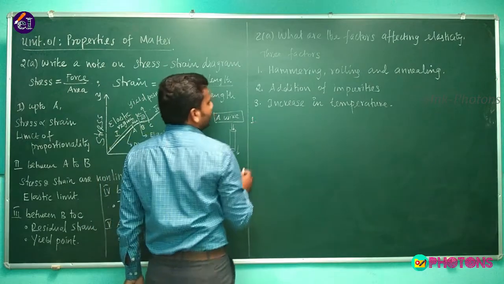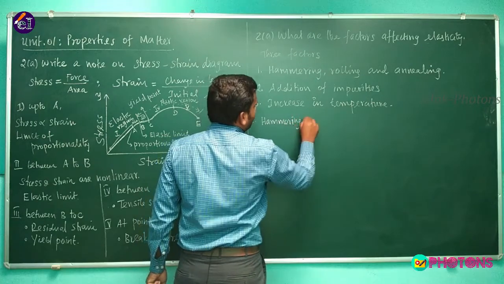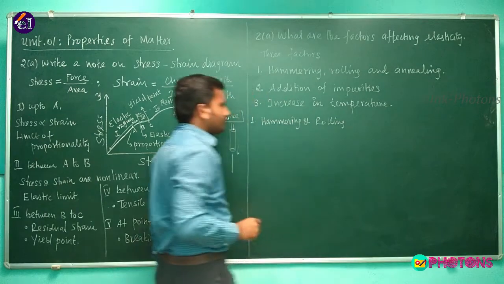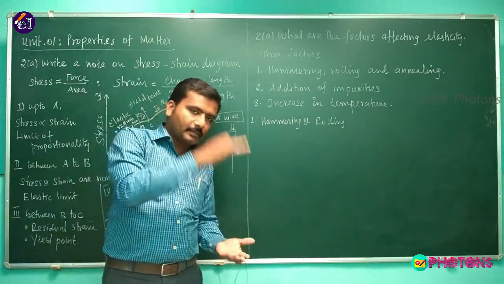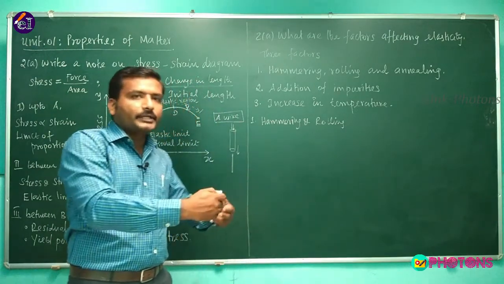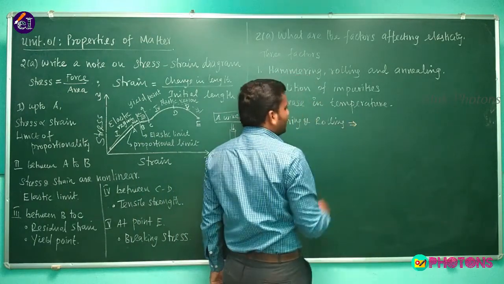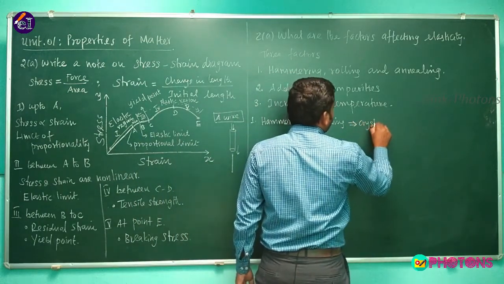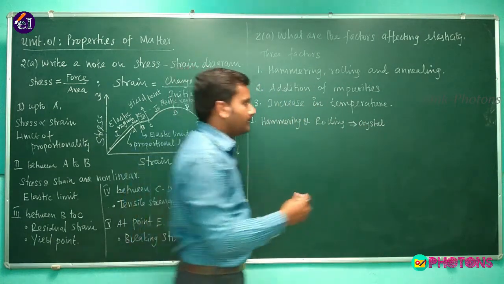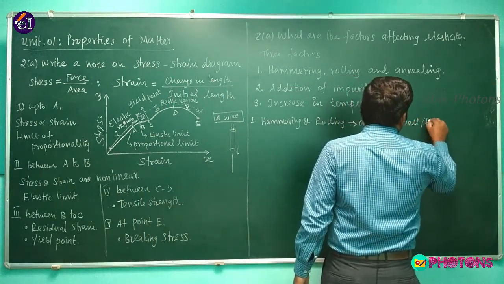First thing, hammering and rolling. What happens? If you consider a material and if you hammer it, or you can roll it, what happens? Here the material, assumed to be of crystal of large size, of uniform orientation in a large extent, breaks into small or tiny crystals.